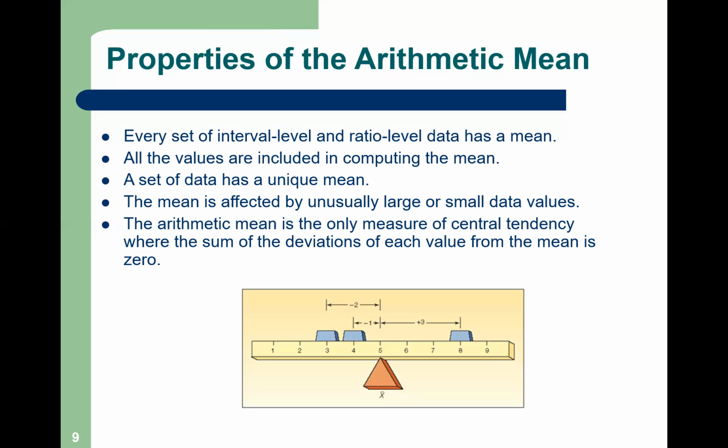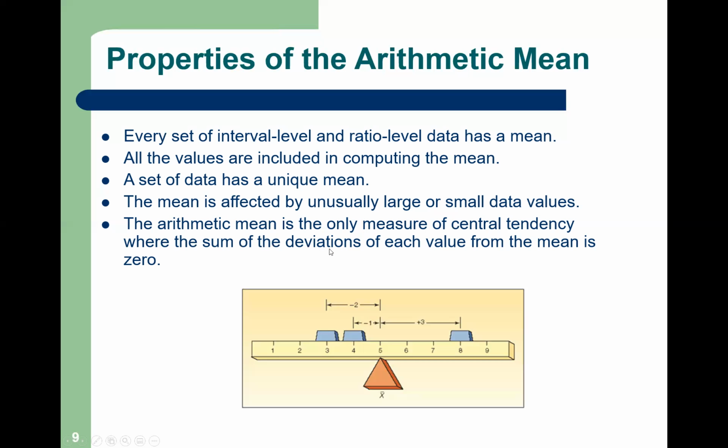Another property of the arithmetic mean is that the sum of the deviations of each value from the mean is always zero. It is very important to understand, and you can also check whether your mean is correct or not.